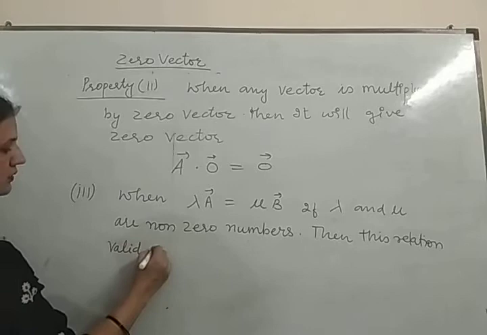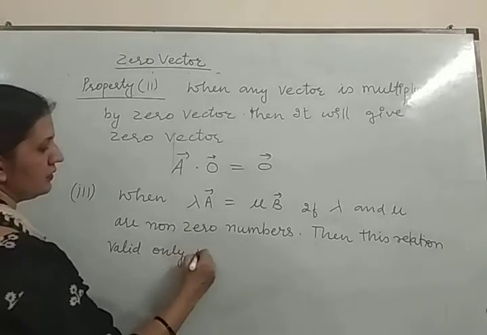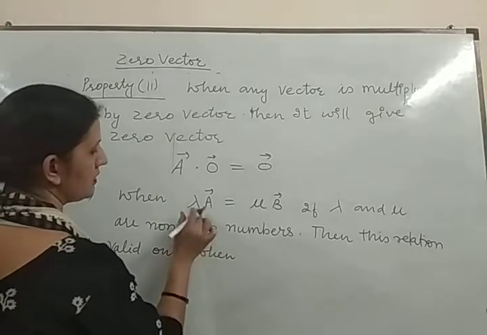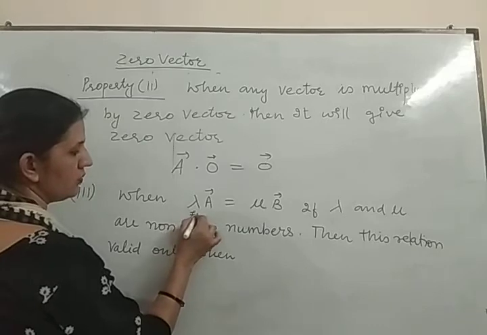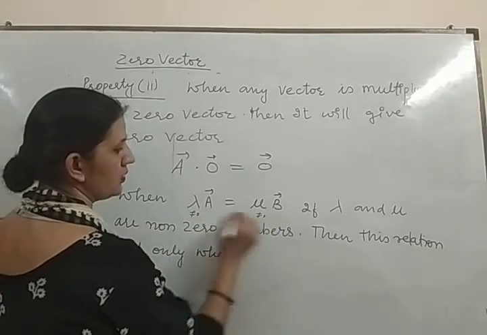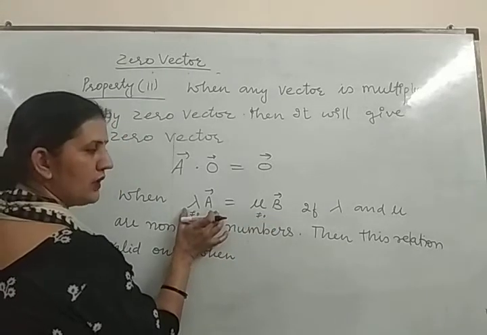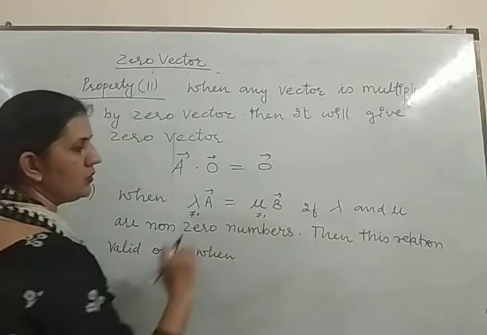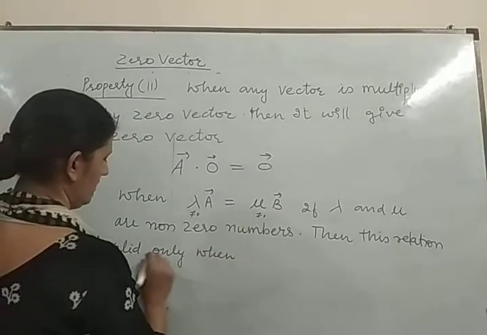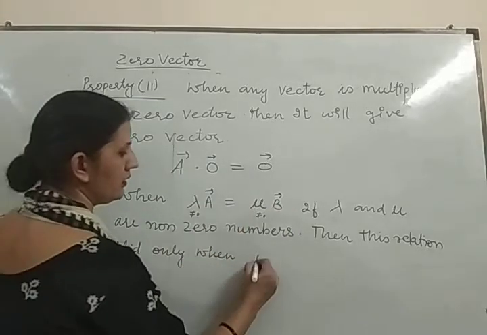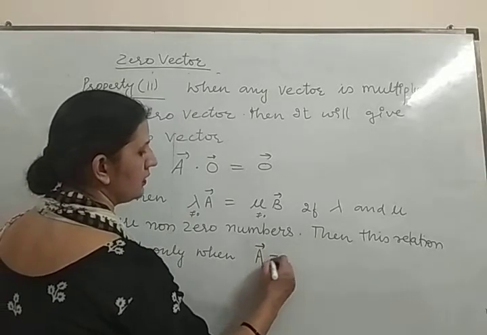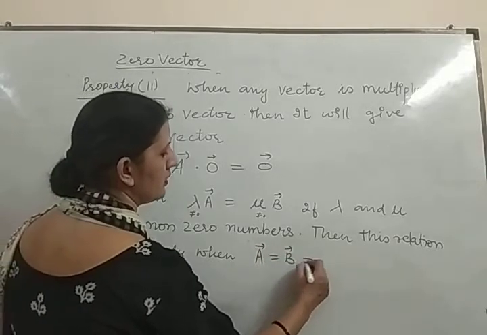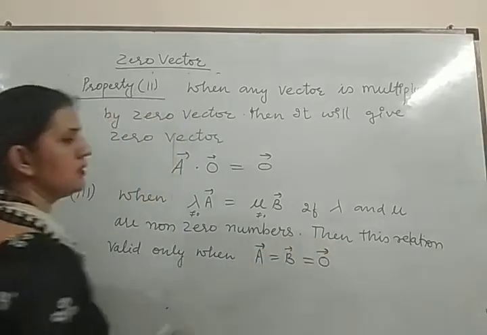When will it be valid? Valid only when lambda is not equal to 0, mu is not equal to 0, and this whole term and this term are equal. When they are equal, it is valid only when vector A is equal to vector B is equal to the 0 vector.